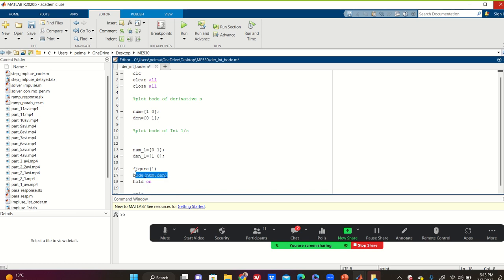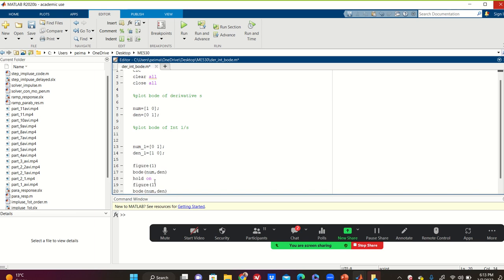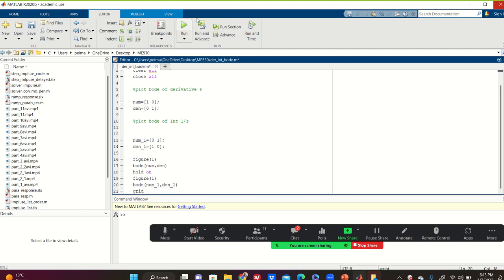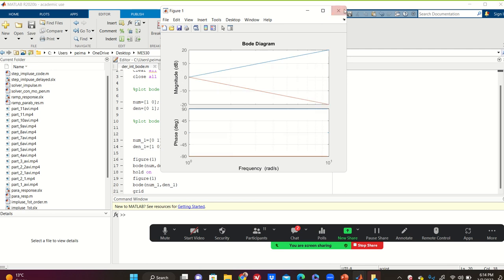Okay, num1. Here we go. See, they are totally changed. See guys, minus 20 dB per decade, minus 90, as we did previously in the class.